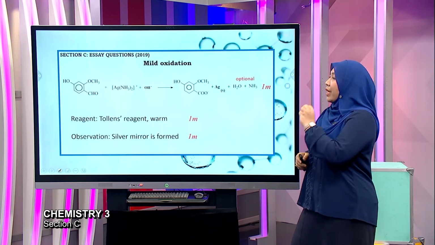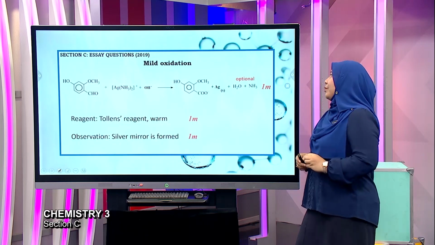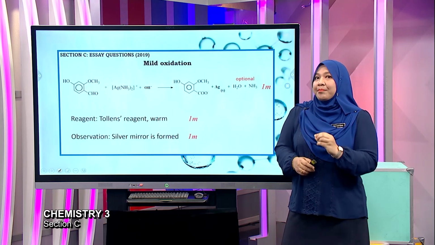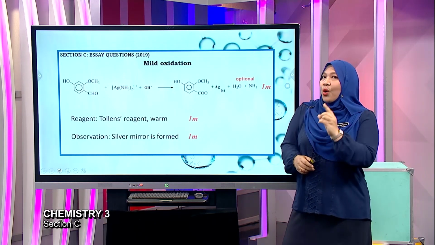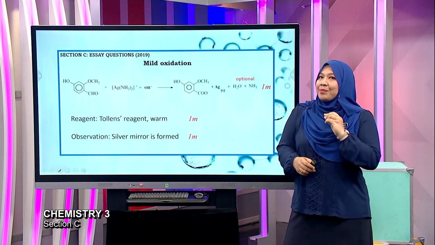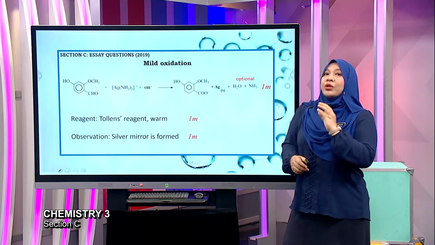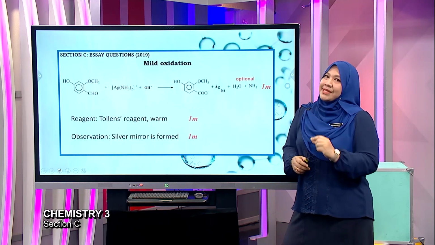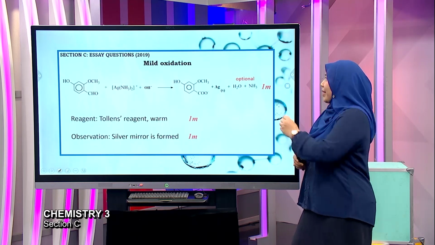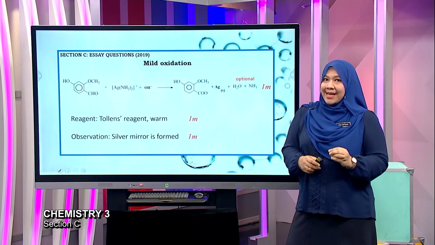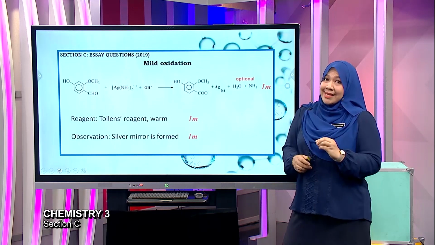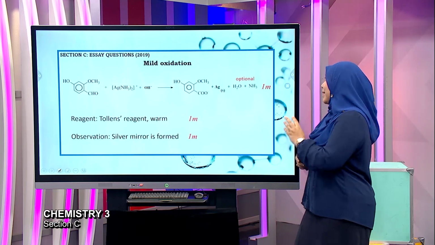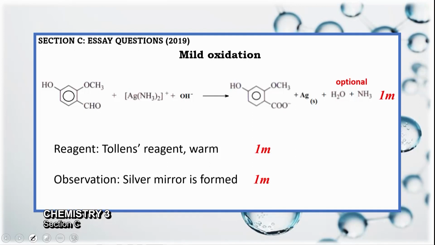That's why when you write the chemical equation for the mild oxidation reaction, at the product part, you have to identify what the precipitate is, and that precipitate is argentum, or silver, and this argentum is written with the physical state as solid, whereas the rest are without physical states. Again, there are two side products produced in this reaction, but these two side products are optional.